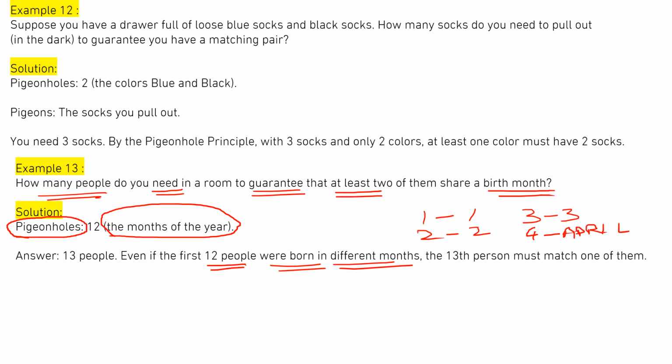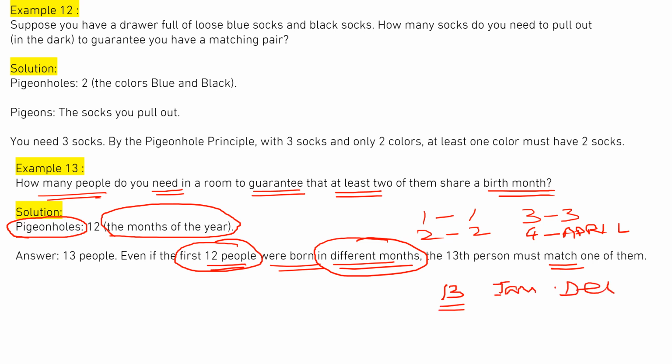So all the first 12 people can occupy the 12 different months. Then what about the 13th person? The 13th person must match any one of these 12 months, starting from January to December. So we have already 12 people plus 1 extra person. So that means 13 people.